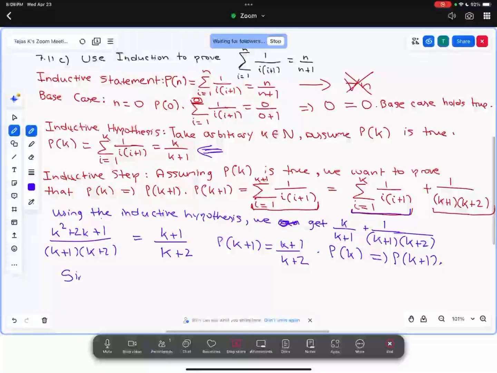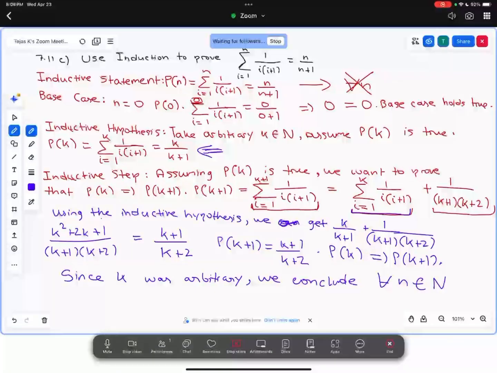Since k was arbitrary, we conclude for all n belonging to the natural numbers, now we're quantifying, the sum from i equals 1 to n of 1 over i times (i plus 1) is equal to n over n plus 1.